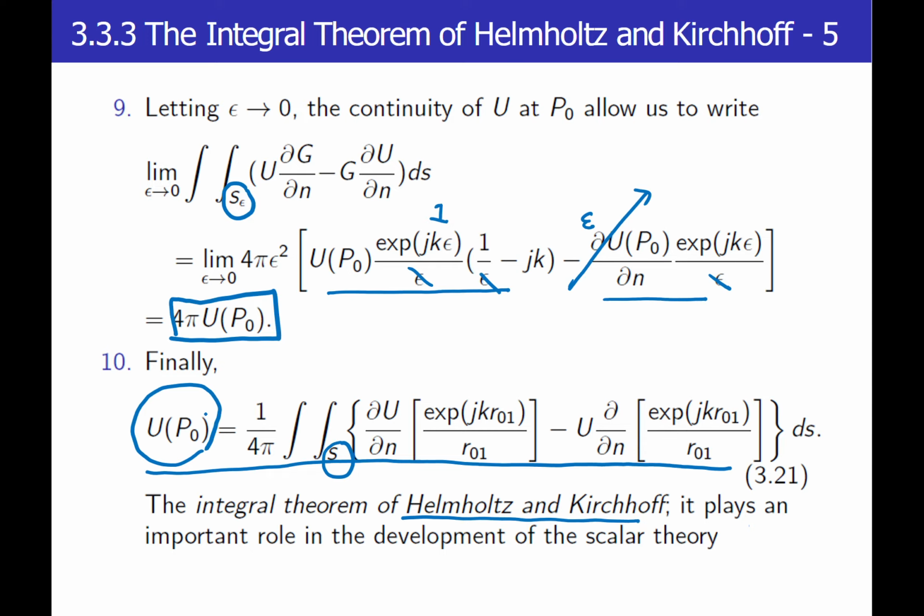This is the P0 that we want to know, and we are assuming that on the surface S this value and this value should be known, and then we can find out this unknown U(P0).